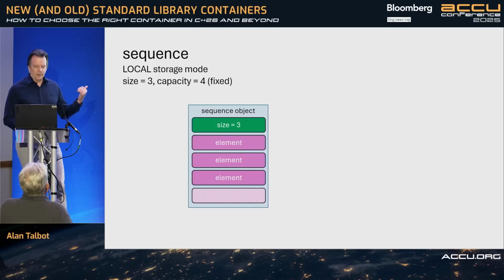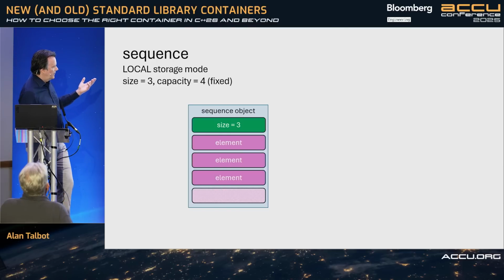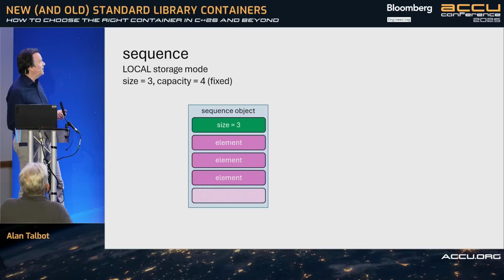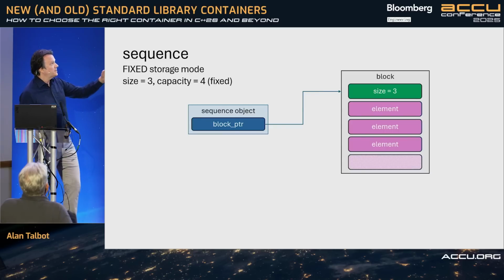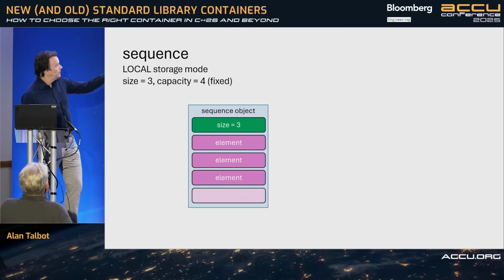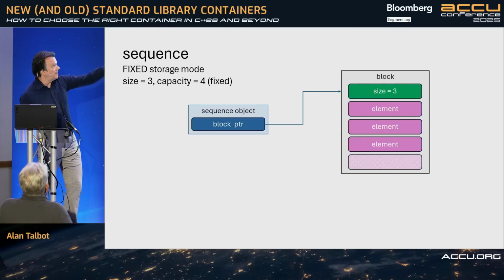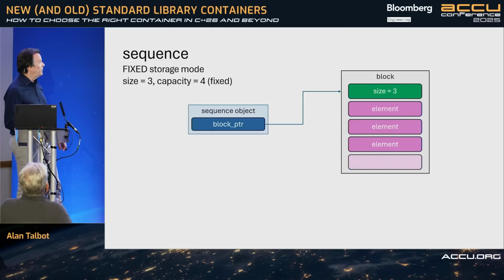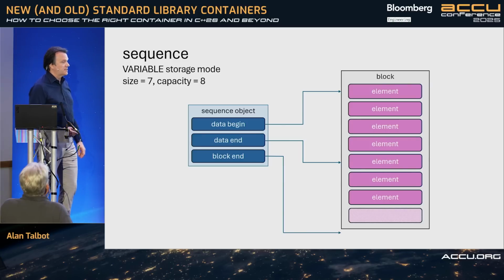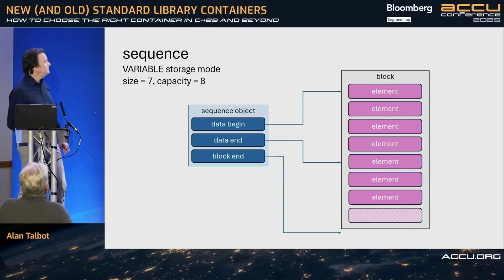So let's look at these real quick. Again, same pictures. This is just like in-place vector, should be no surprise. That's local. Here's fixed. Notice, same exact thing, just out on the heap with 1 pointer from the sequence object. This ought to look familiar. It's the same slide as vector.